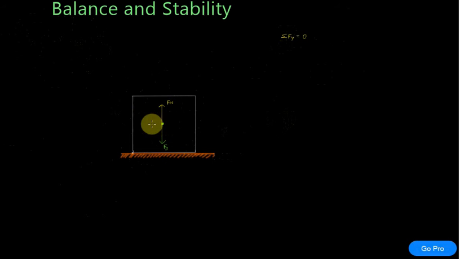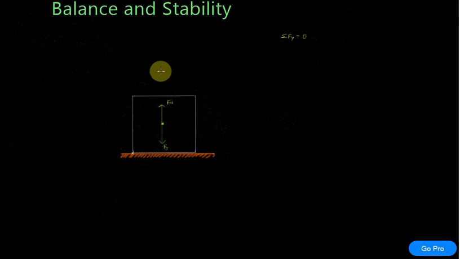There are also no forces acting in the x direction, so I'm not noting these explicitly. It is assumed that all the forces in the x direction also sum up to 0. Okay. So that's the first thing for equilibrium to be true.